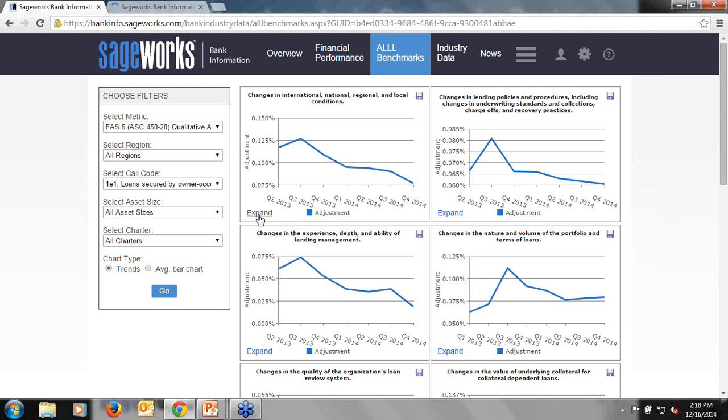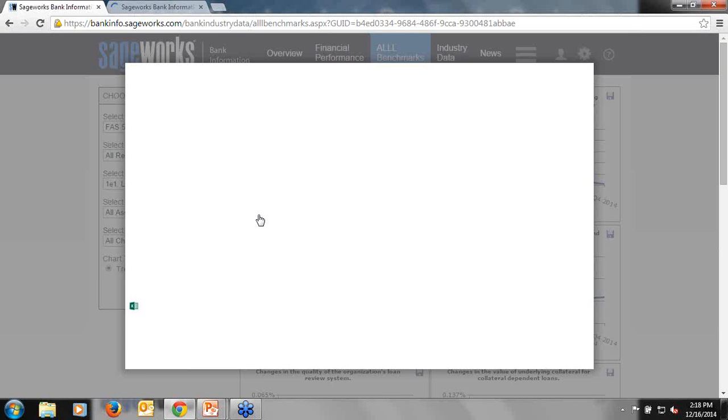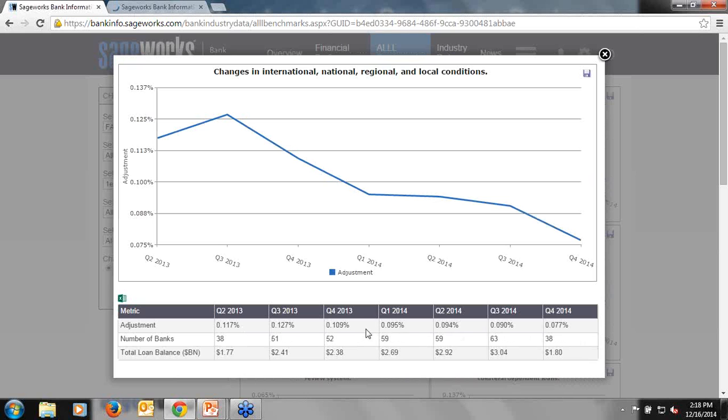And if I click the expand button on any of the Q factors, I can open it up and see how many of the banks from which we're aggregating this data are utilizing this Q factor. And again, I can see that trend. Obviously, we've dropped off because we don't have everybody reporting for Q4 this year yet, but we can see that directional consistency in the decrease in changes in international, national, regional, and local conditions.